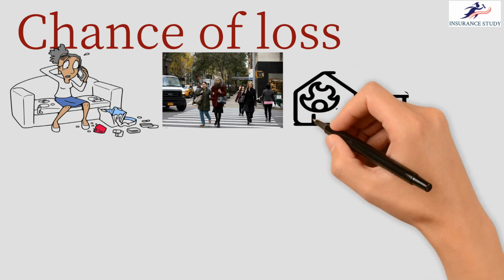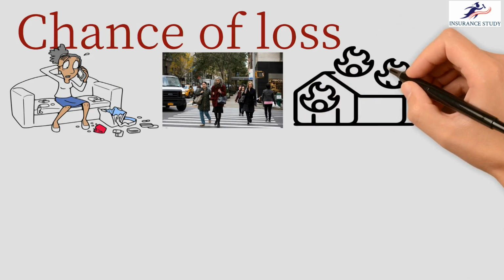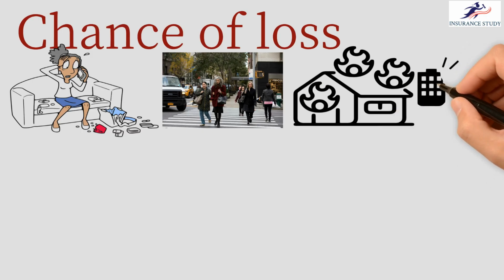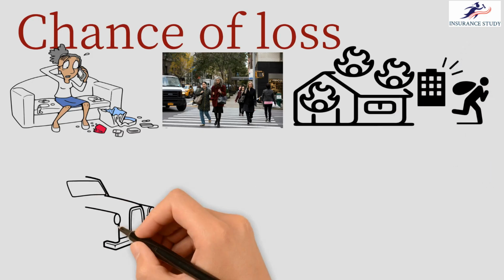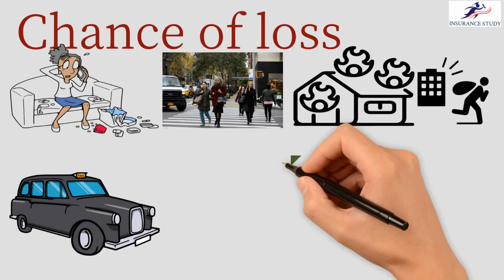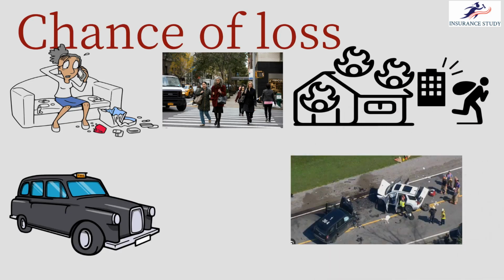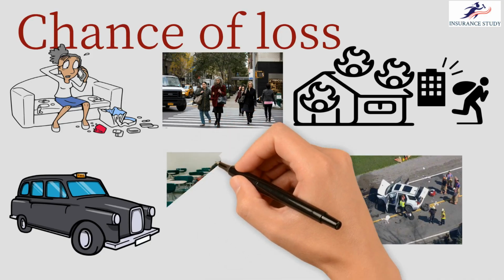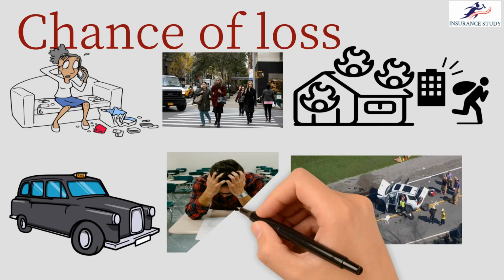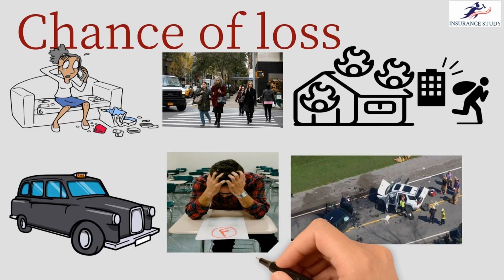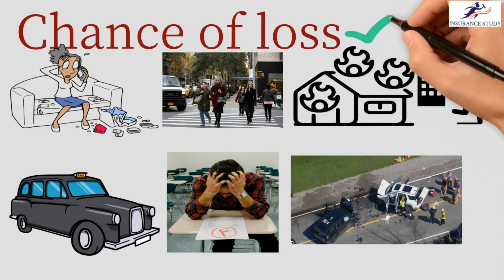If you own a house, there is a chance that the property could be damaged by fire or theft. If you own a vehicle, there is a chance that you could have an accident. Even a student faces risk. If a student doesn't study for an examination, there is a chance of failure. So the easier definition to remember is risk, chance of loss.